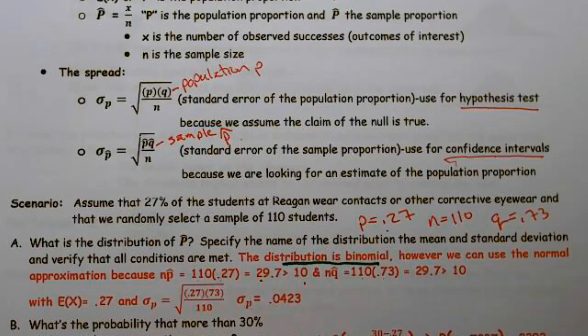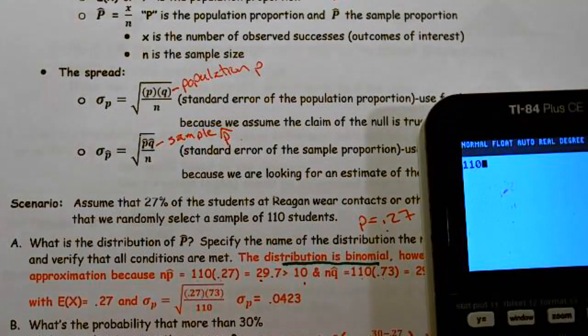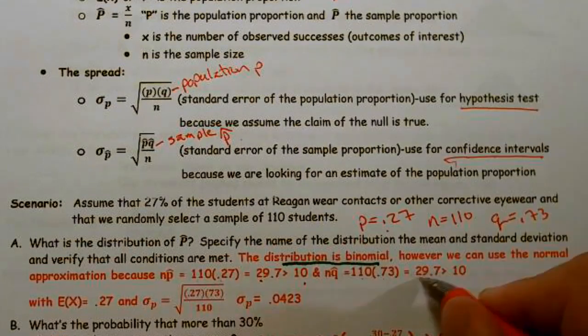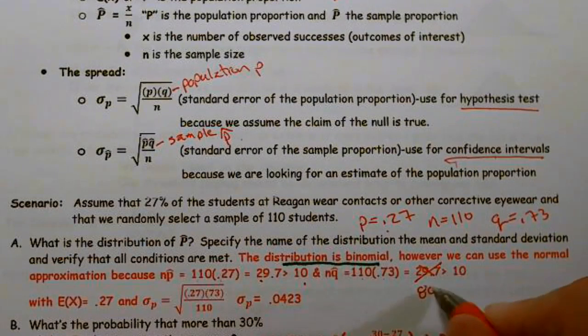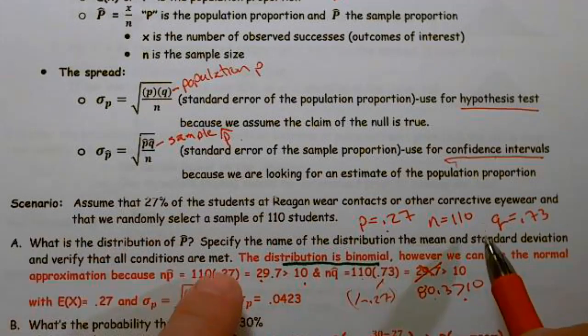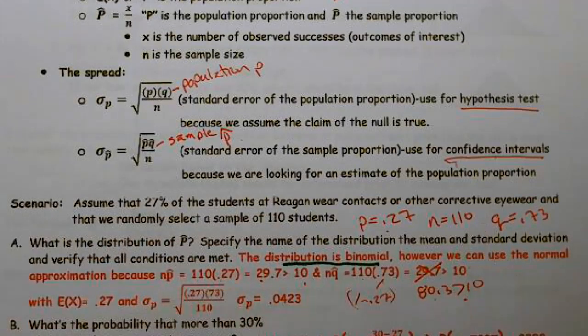Need to make that correction. So 110 times 0.73 equals 80.3. And please remember, this is just 1 minus the 0.27. So this is 80.3, which is also greater than 10. Both conditions for sample size were met, so we can use the normal approximation.